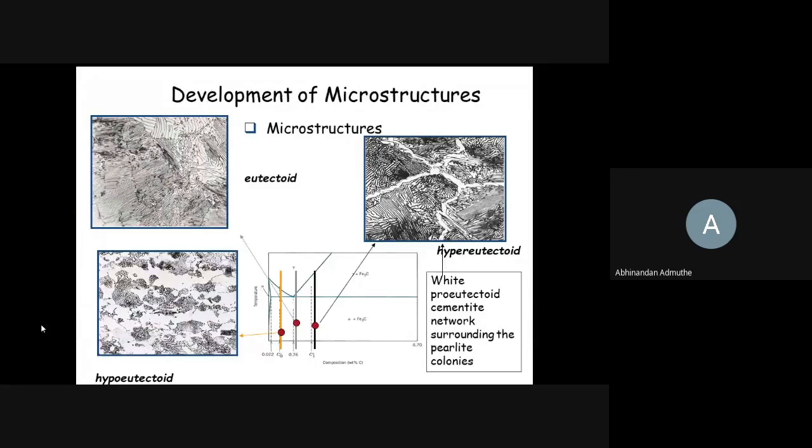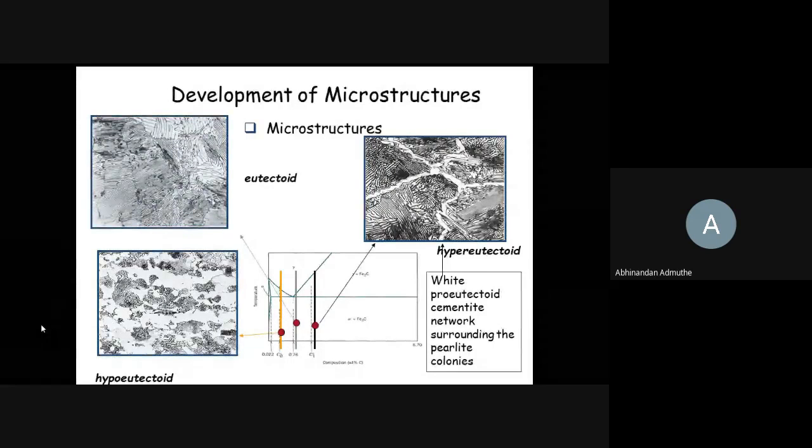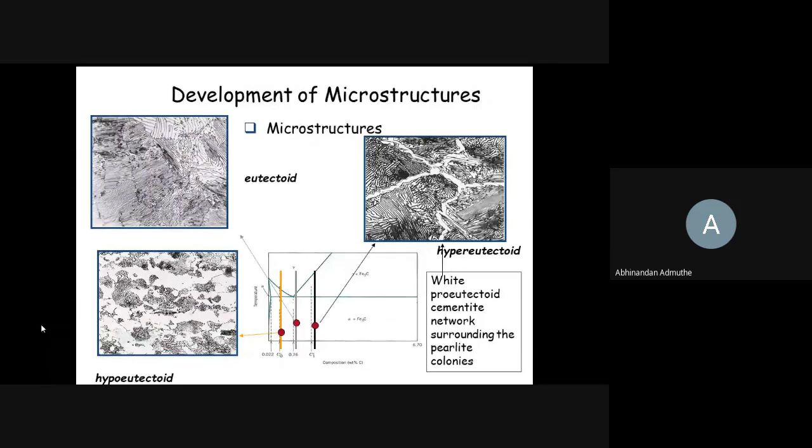As the percentage of carbon increases from 0.022 up to 0.8, the percentage of pearlite increases. And beyond 0.8, the percentage of pearlite decreases. So exactly at the eutectoid point we have 100% pearlite, and that can be determined using the lever rule that we already discussed.